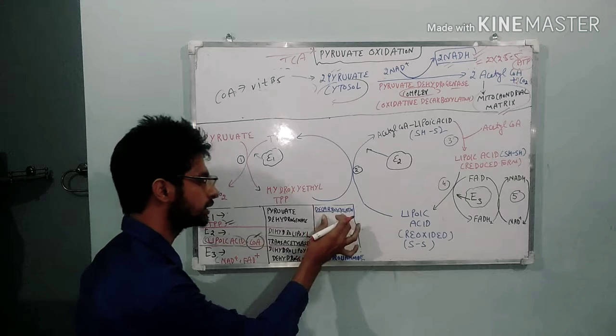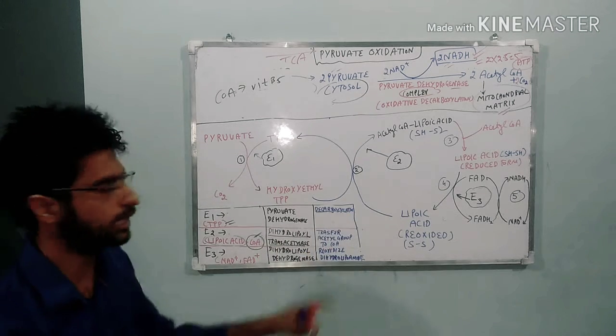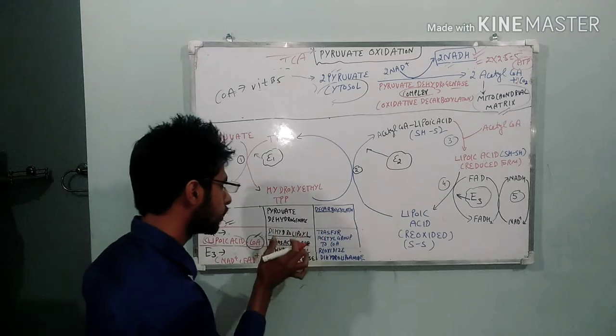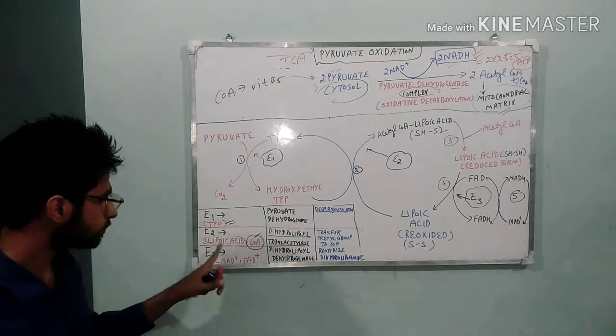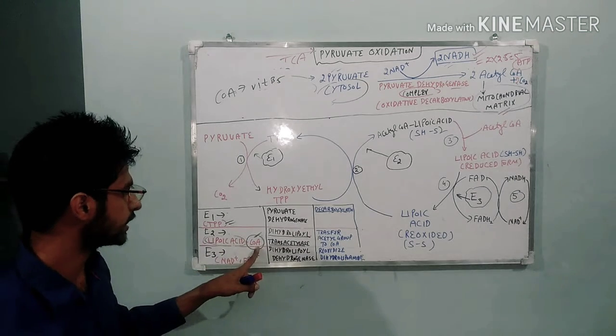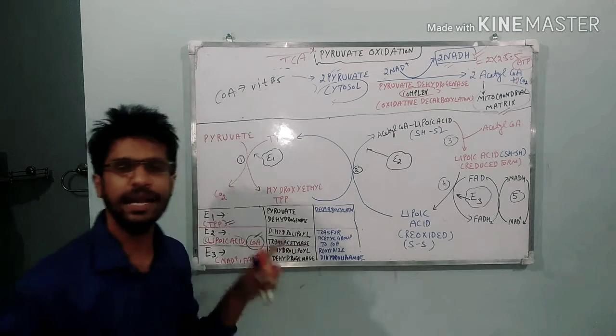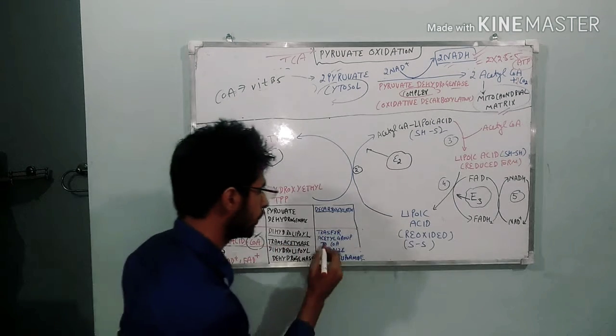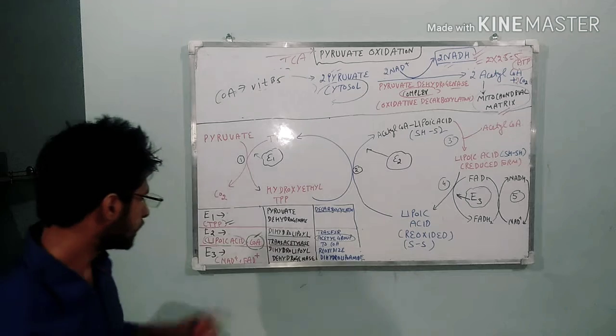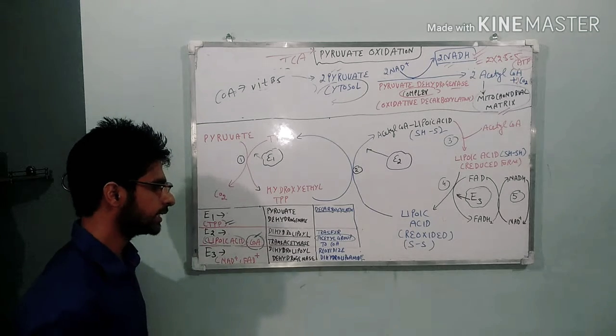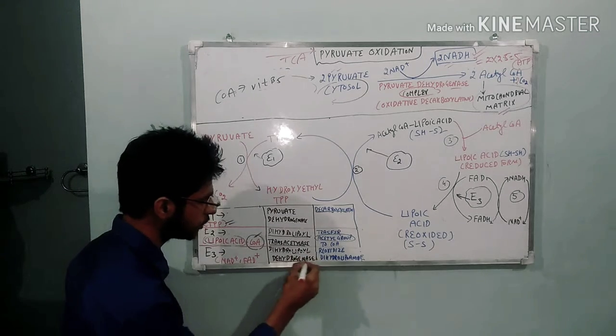Pyruvate dehydrogenase does the decarboxylation and the oxidation. Dihydrolipoyl transacetylase E2, containing lipoic acid and CoA as coenzymes, transfers the acetyl group to the coenzyme. Now the third, E3, is dihydrolipoyl dehydrogenase.